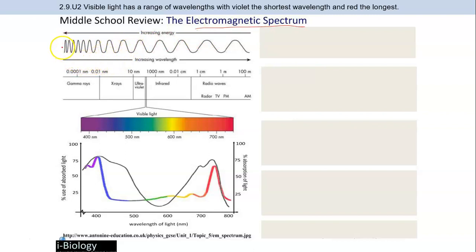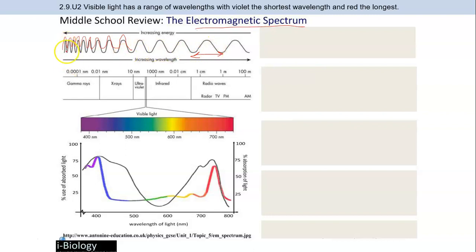The number of the waves is called the frequency, and the length of each wave is like this. So we have two definitions here: frequency, and the length of the wave, which is called wavelength.